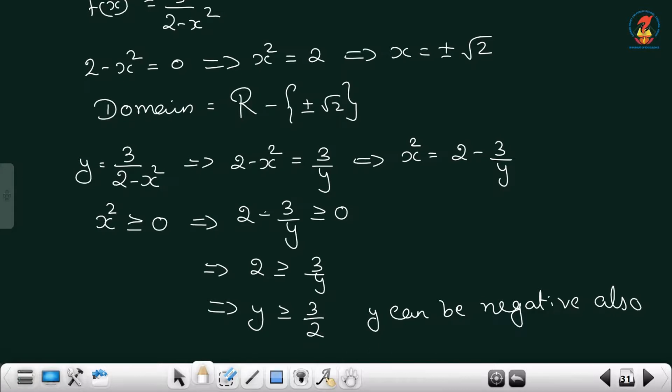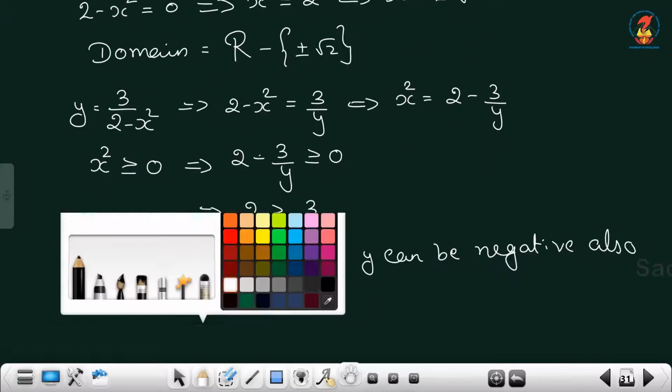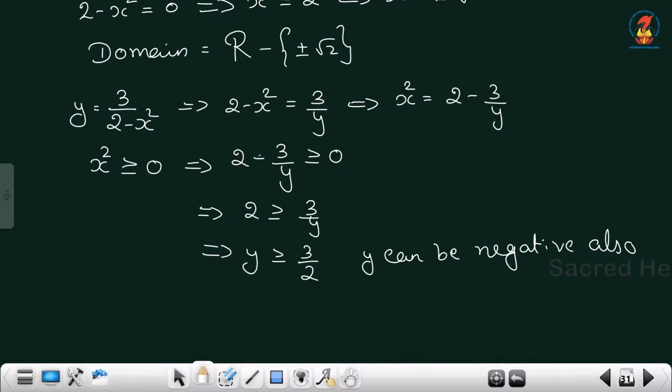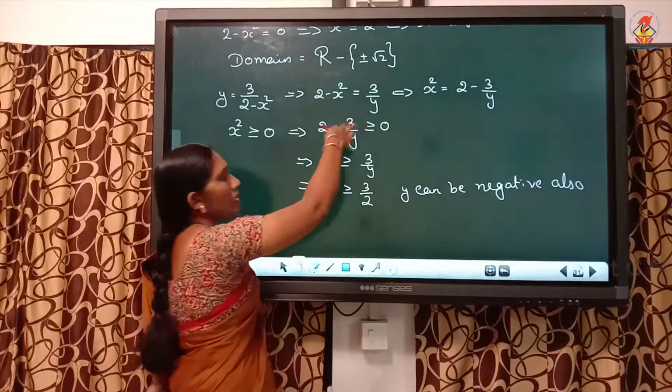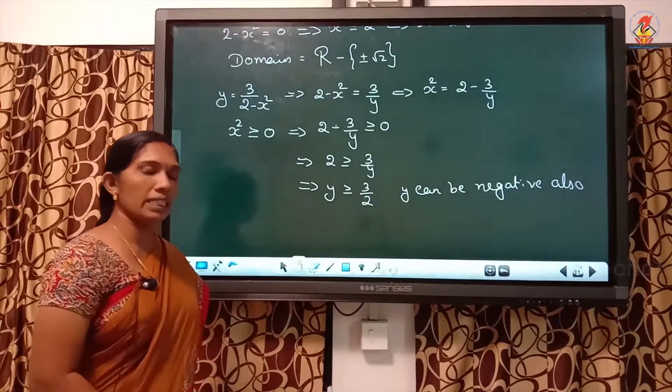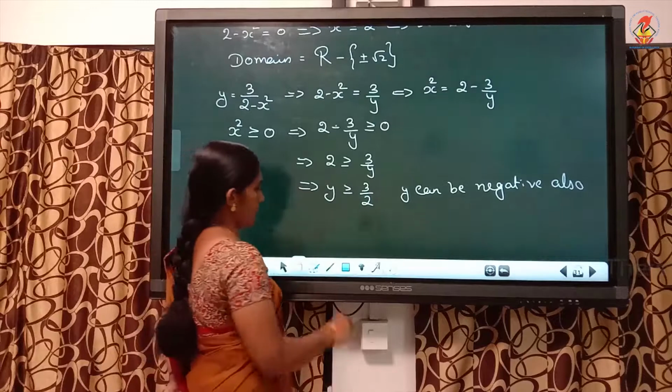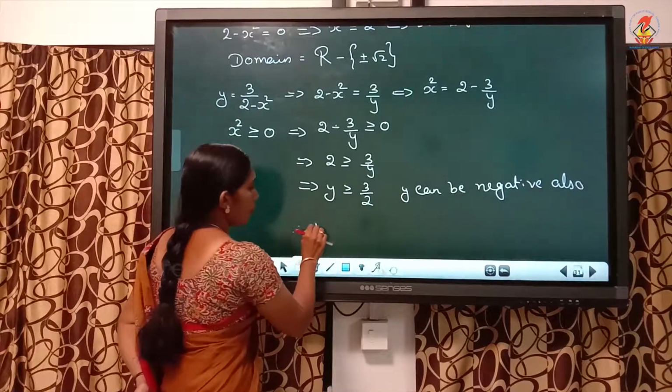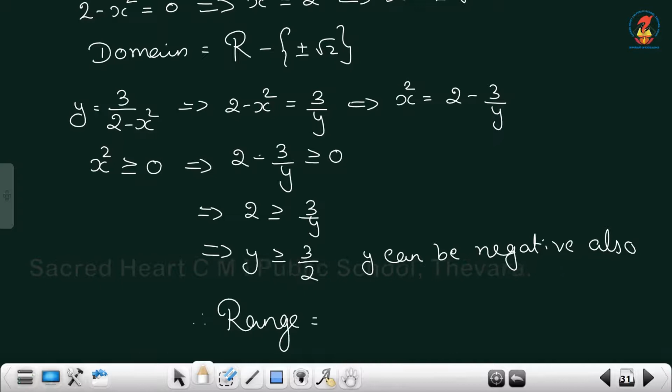Can this y be 0? If y is 0, this part is not defined. So y cannot be 0, but other negative numbers are possible, the negative part. So we can write the range as 3 by 2 to infinity, and also union the other part, the negative side, negative infinity to 0.